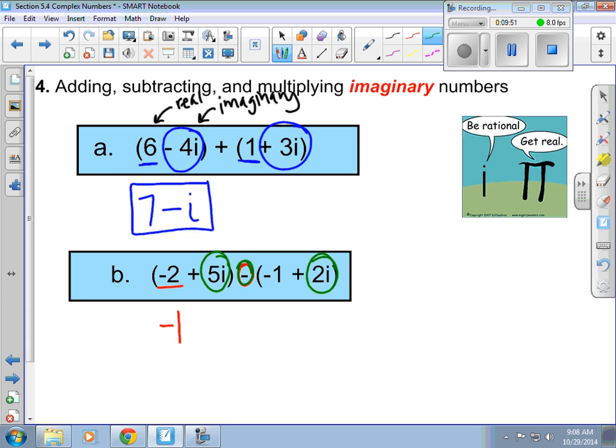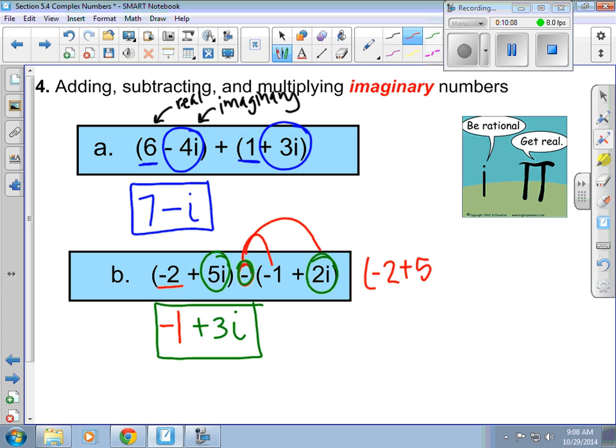So 5i minus 2i gives me 3i. So I have -1 plus 3i. And maybe an easier way to think about this one is if there's a negative to just go ahead and distribute it and then add it. So if you want to, you could also think about it as addition, and it would be 1 minus 2i. And you should get the same answer.